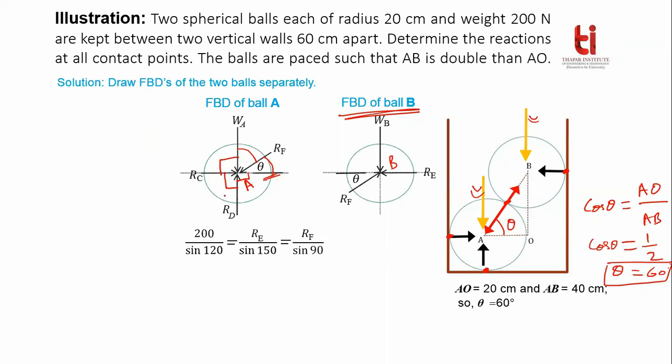Now apply sine law. First, let's apply sine law on ball B. This WB is given as 200 Newton, so 200 Newton divided by this angle.